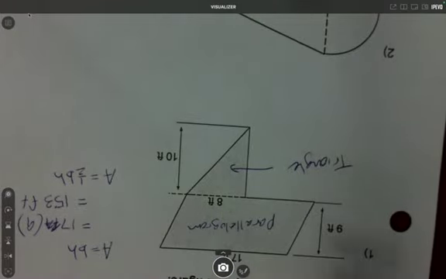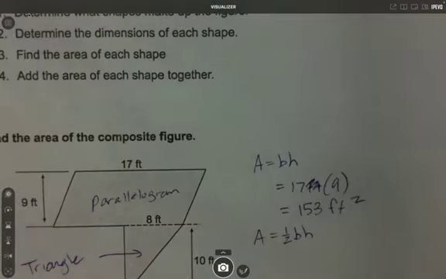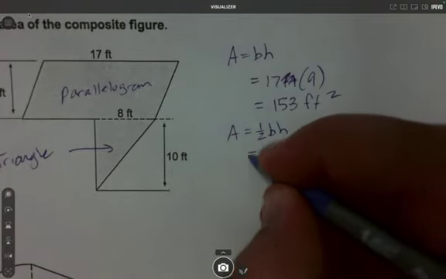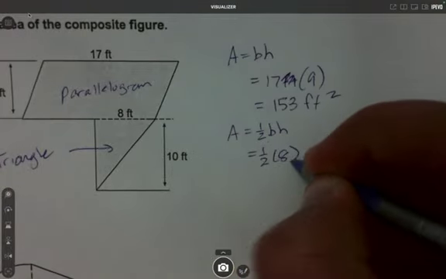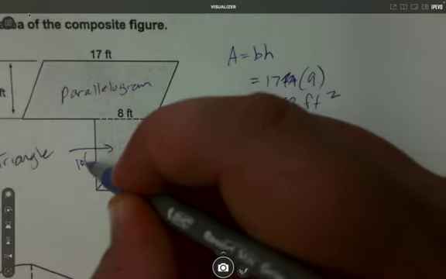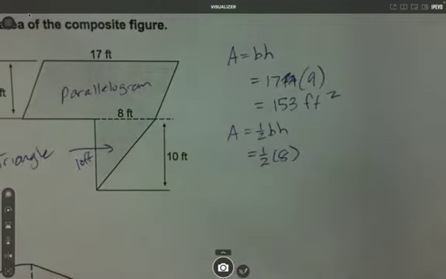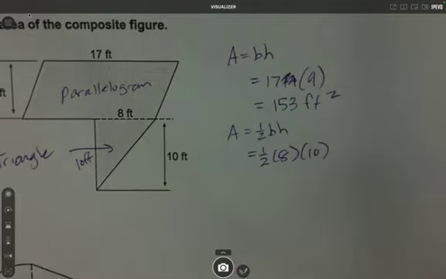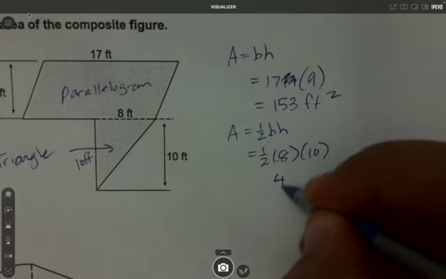Oh, that is the base. So the base is 8 feet. And the height is this dimension right here. It's 10 feet. It's also the length of this side over here, if you wanted to use that, 10 feet. Half times 8 times 10 is 40.